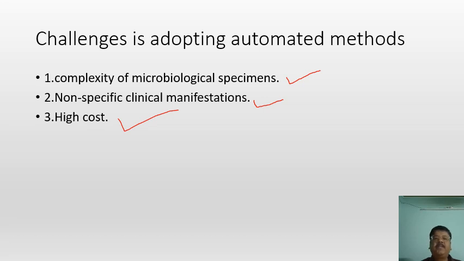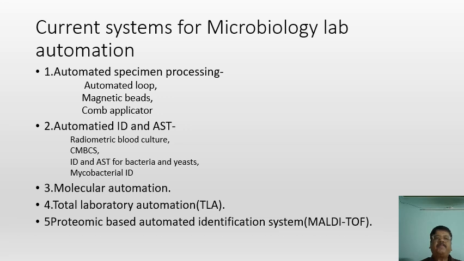Then what are the current automated systems in the microbiology lab? First is automated specimen processing, where there is the automated loop, magnetic beads, and comb applicator. Then automated ID and AST systems, identification and antimicrobial susceptibility systems.